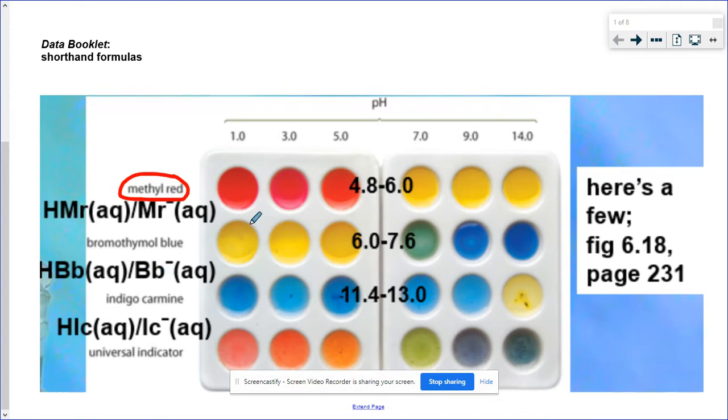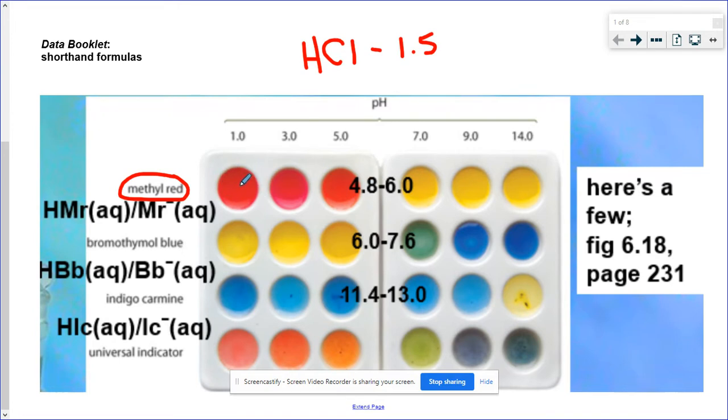Now, let's look at methyl red. Methyl red will change color between 4.8 and 6. If I put methyl red in a solution of hydrochloric acid, which we know has a really low pH, about 1.5 or so, 1.5 is less than 4.8, therefore methyl red will be red.